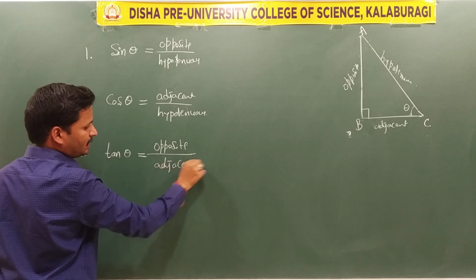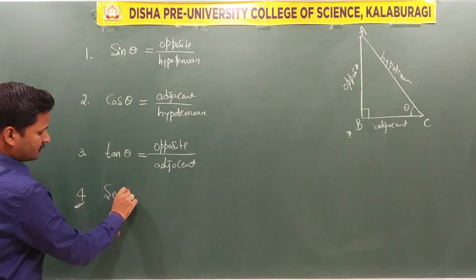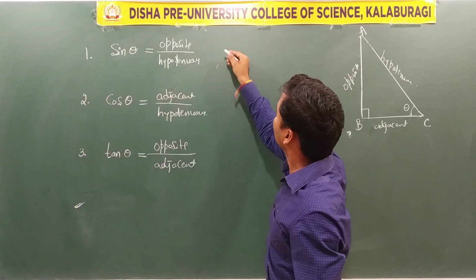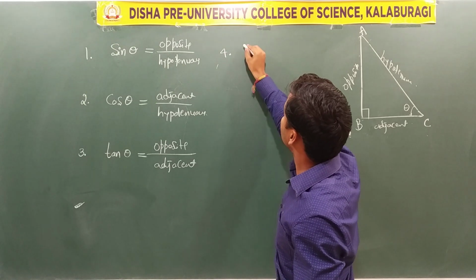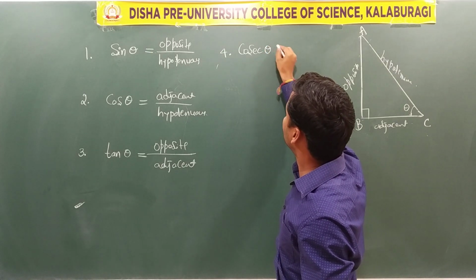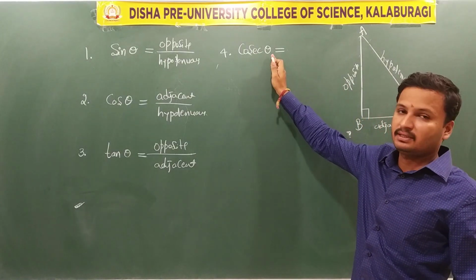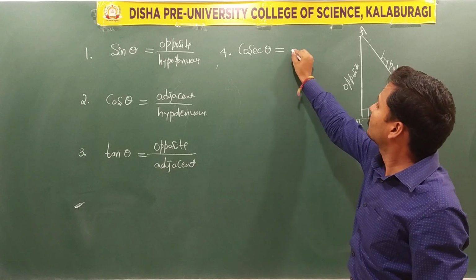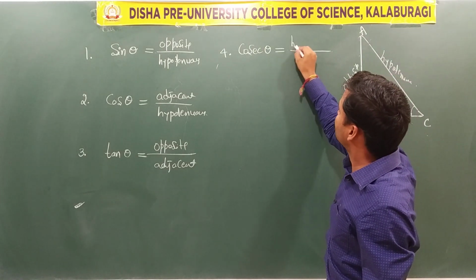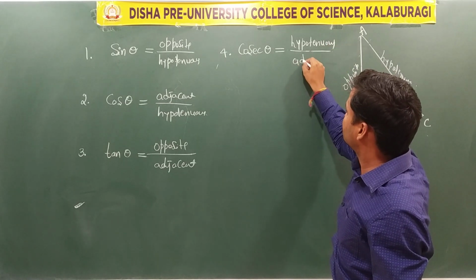Next, fourth one, instead of secant theta, I will define cosec theta or cosecant function. The angle is theta. So cosecant function, or cosec theta, is the ratio of hypotenuse to the opposite.